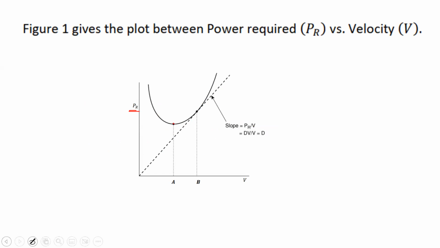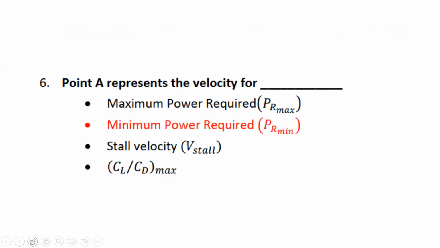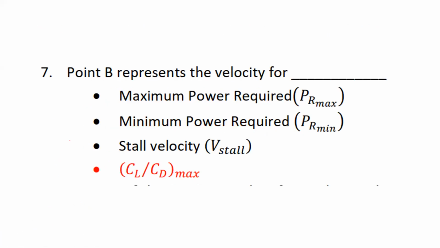So you can clearly see that point A corresponds to minimum power required. Right? I don't think anyone has any doubt in this question. But how about this question? Point B represents what? The answer is CL over CD max.